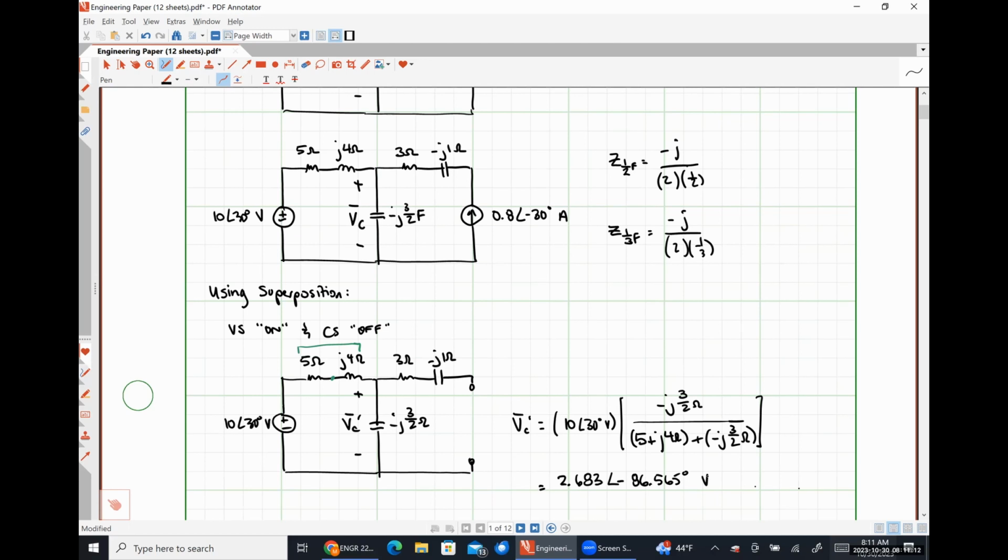So you don't have to by any stretch of the imagination, but it's probably a good idea to have your calculator set to give you a polar number as the default result of any complex math that you're doing. That'll just save you a little bit of time from having to go back through and do that conversion every single time, and really just convert to rectangular whenever you need it, which will be pretty infrequent. Okay.